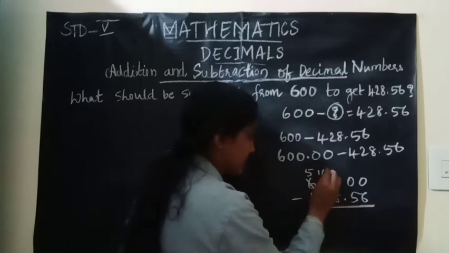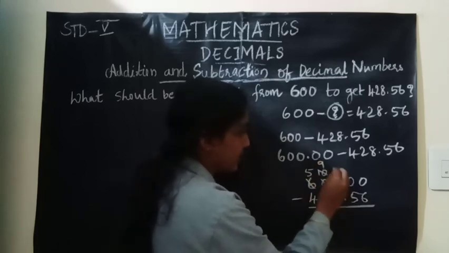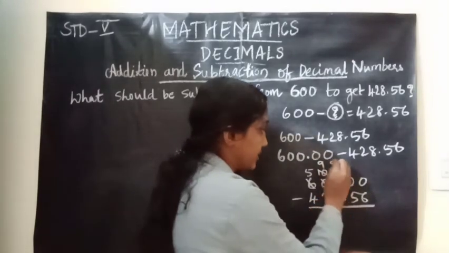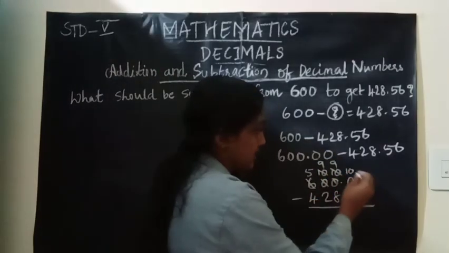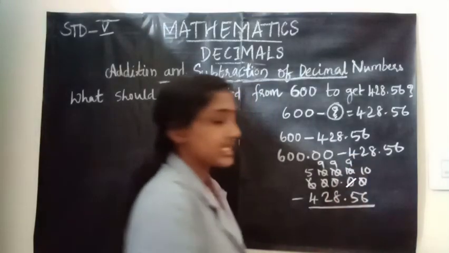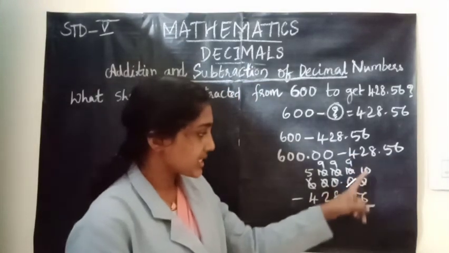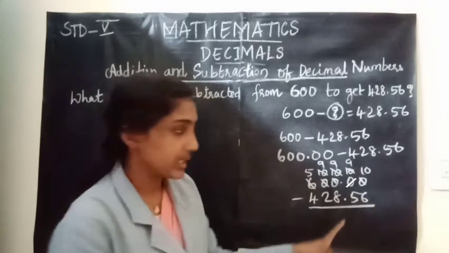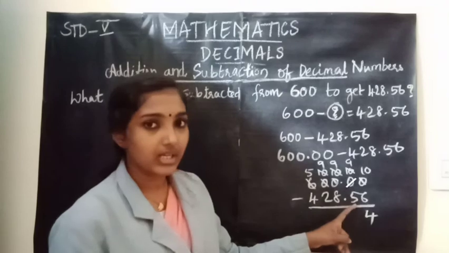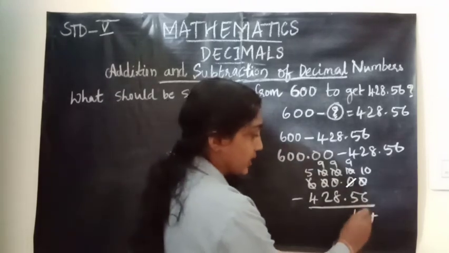Here 10 will come, again borrowing from here. It is 9 here, 10 here, again borrowing 1 from here. It's 9 here and it's 10 here. So it is 10 minus 6. 10 minus 6 is 4. Then 9 minus 5, we get 4 here.